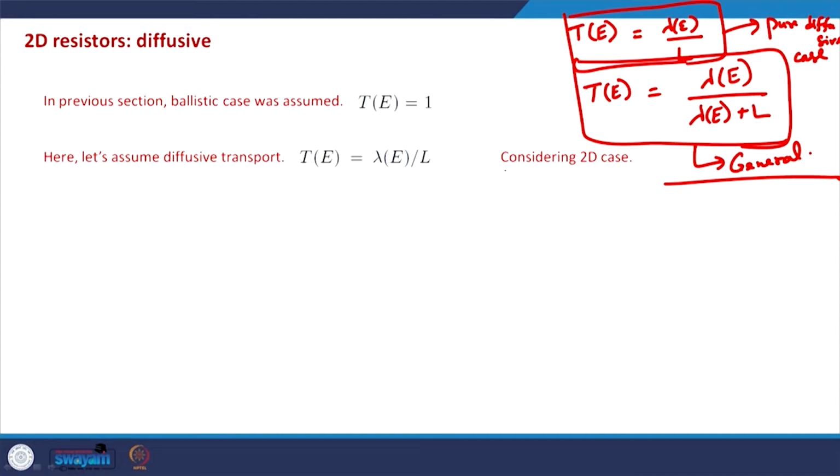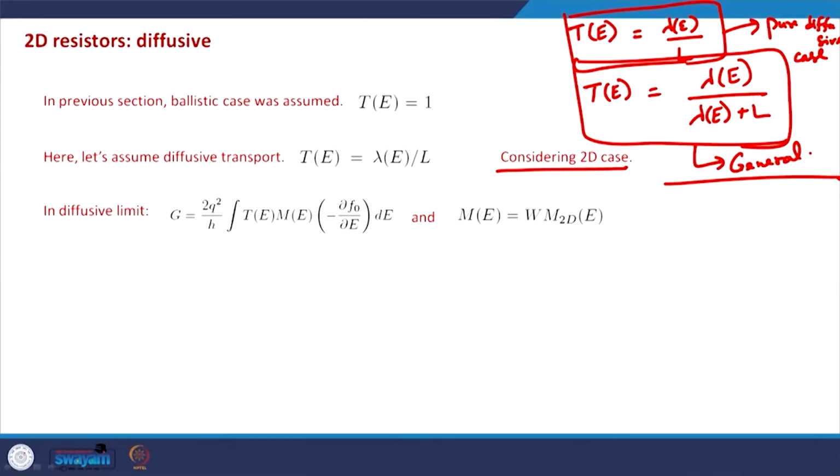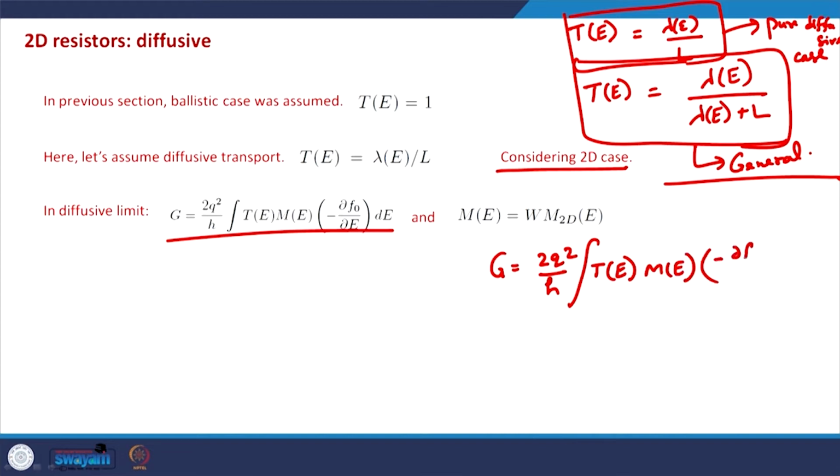So again we take the channel to be a 2D channel for the sake of simplicity to visualize transport, and also there is some simplicity in calculations as well, and the starting point like always for us is this expression. So the conductance is 2q square by h integral of Te Me minus del f by del E dE.